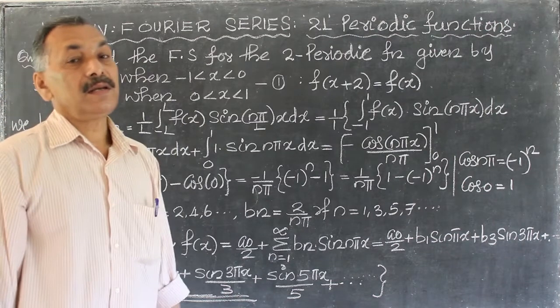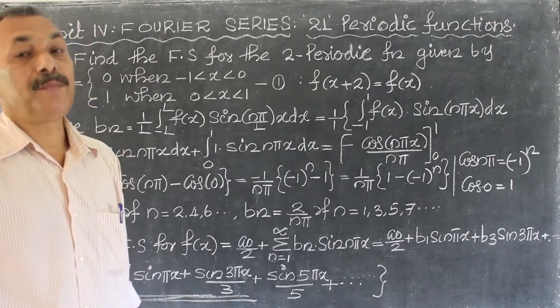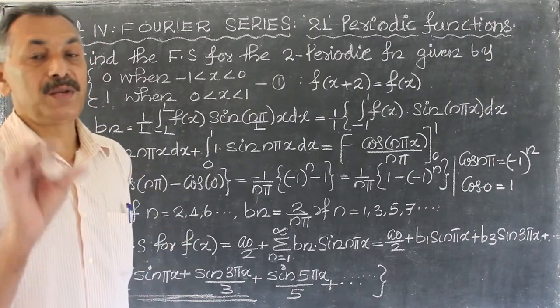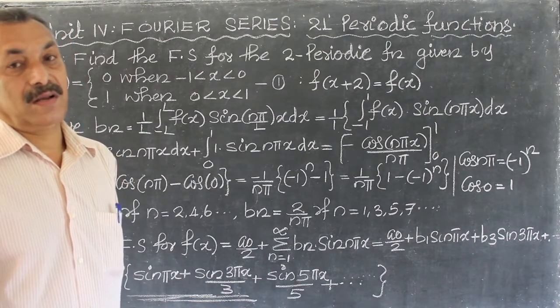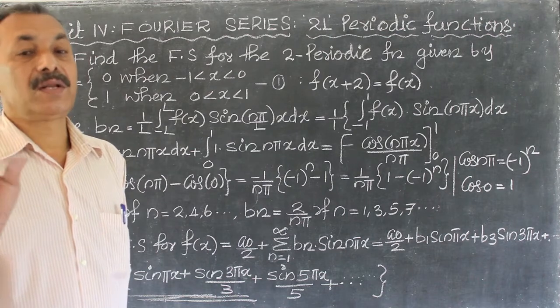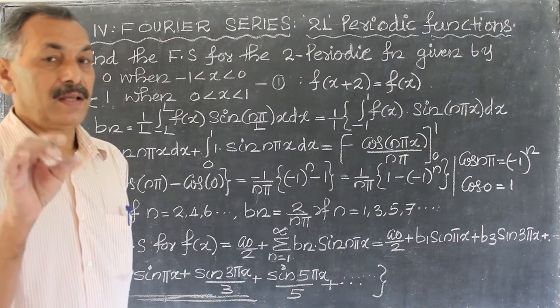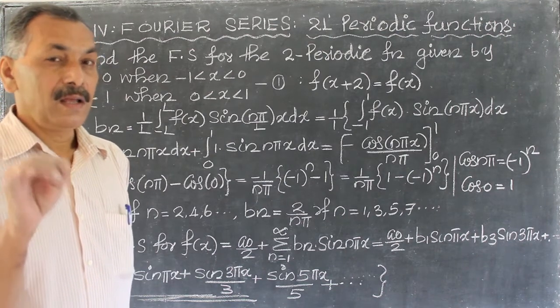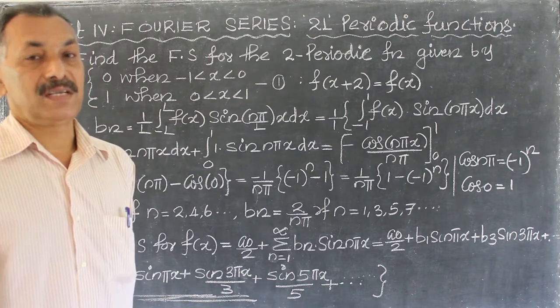Fourier series of a 2l periodic function. Here, a 2 periodic function, l is equal to 1. Then a0, an and bn. a0 is equal to 1 by l integral minus l to l f of x dx.